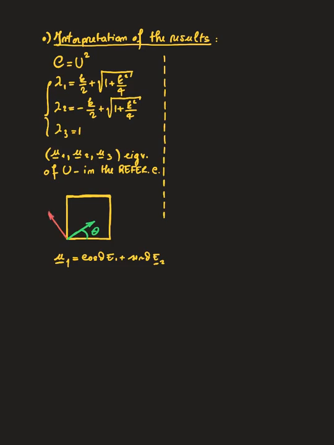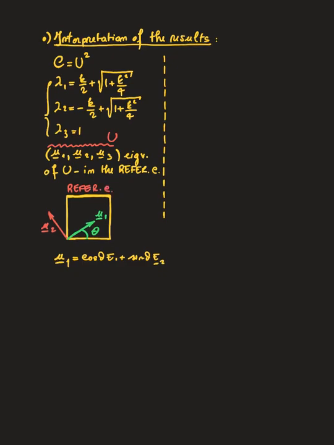This doesn't help us much to tell us what the fibers are in the current configuration, because at this point we need to visualize the stretched configurations in the current configuration. So when you analyze the eigenvectors of U, this essentially means that you're looking at the reference configuration.